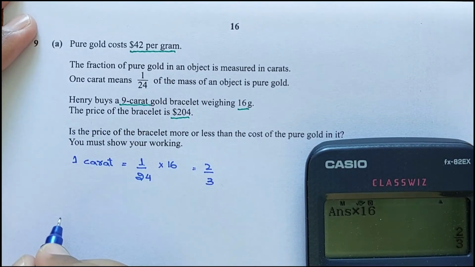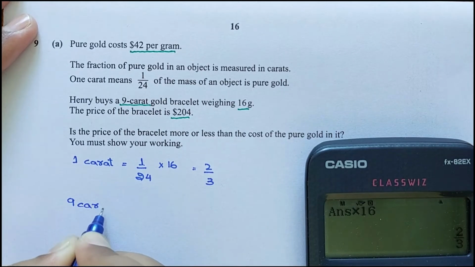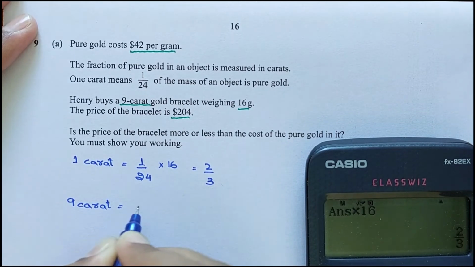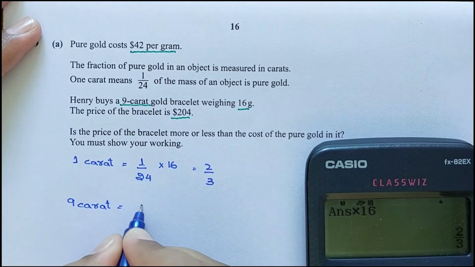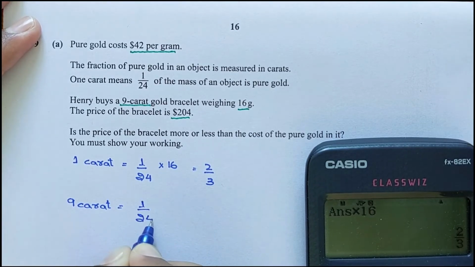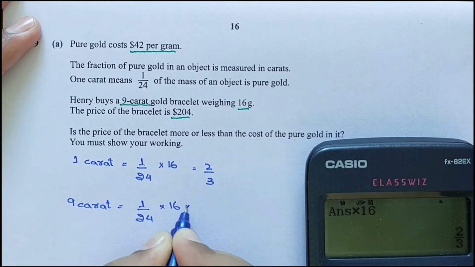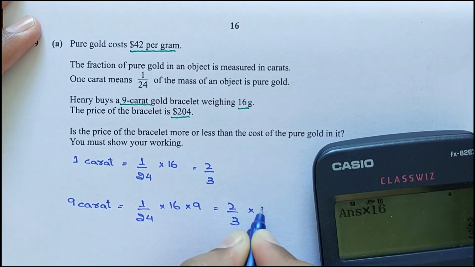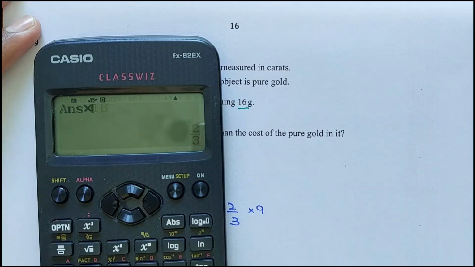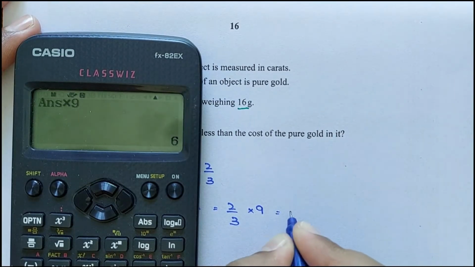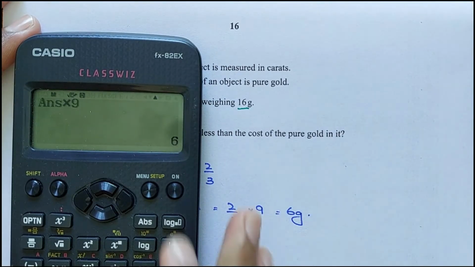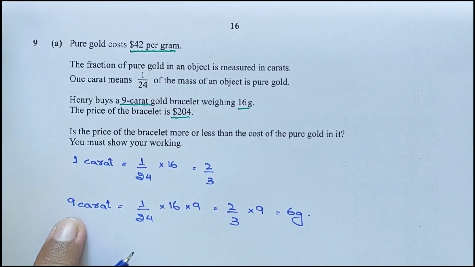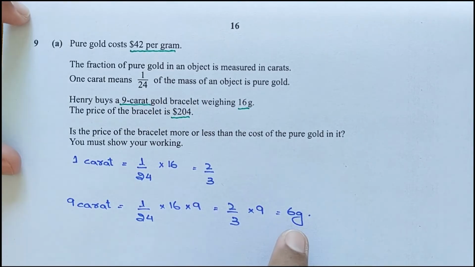Now she buys a 9 carat gold bracelet. So what is 9 carat? Pure gold in 9 carat is 1 by 24 of 16 of 9, which is 2 by 3 of 9. This is equal to 6 grams, right? So this is the pure gold in the 9 carat bracelet.